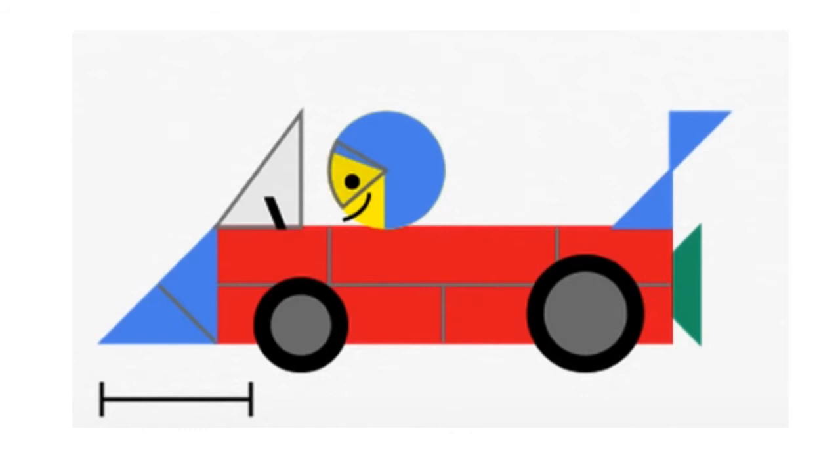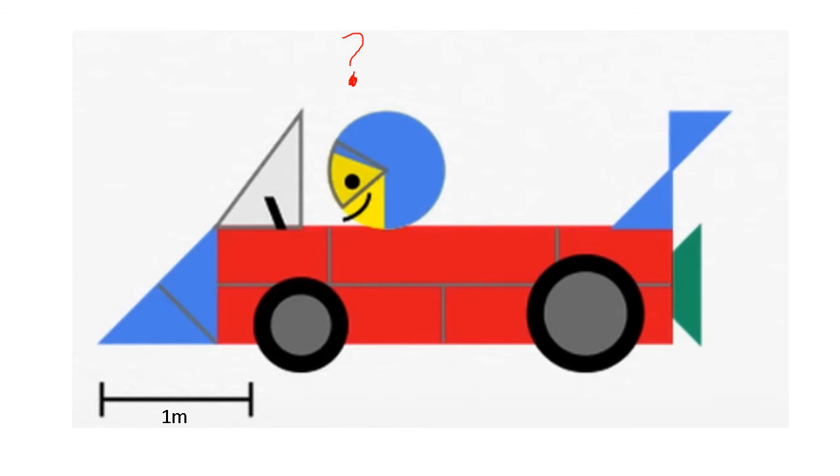Let's take a look at another example. How long is this car? Well, I know that this is 1 meter. So, I can make an estimate about how long the car is. Remember, an estimate is good enough. I don't need the exact measurement. So, can you give me an estimate? What do you think?